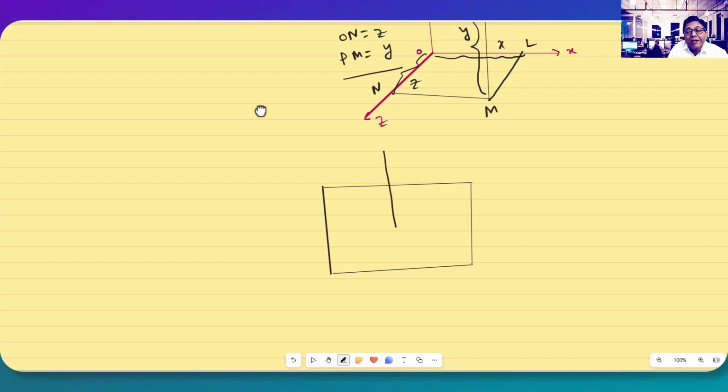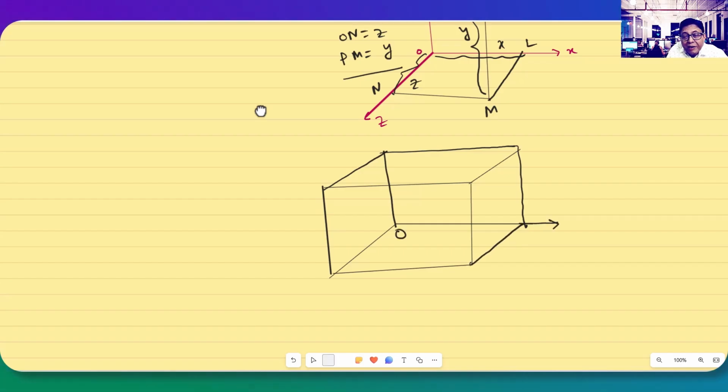In this cuboid, we take the coordinate axis this manner, where there will be 3 coterminous edges for this parallelepiped. Those are taken as OA, this one OB, and this one OC.